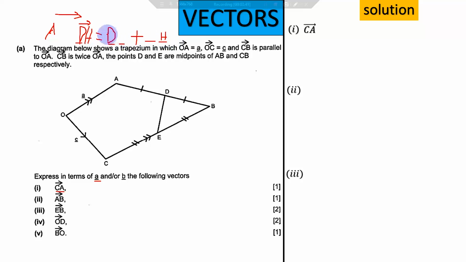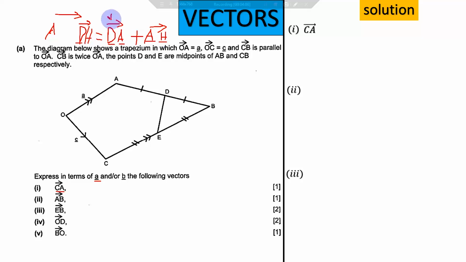Then, if I'm going from D maybe to A, the last letter on my first vector, or my first direction, will be my starting point on the next vector. So the route that can give us DH is vector DA plus vector AH. So look at this.